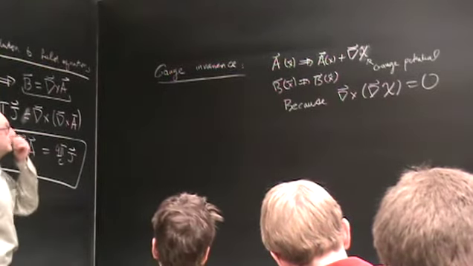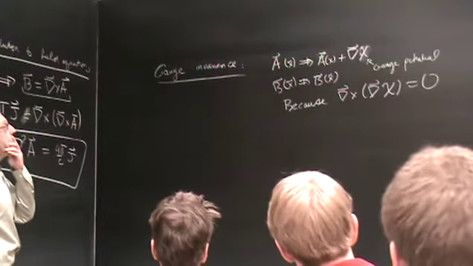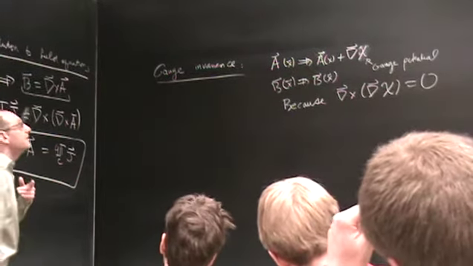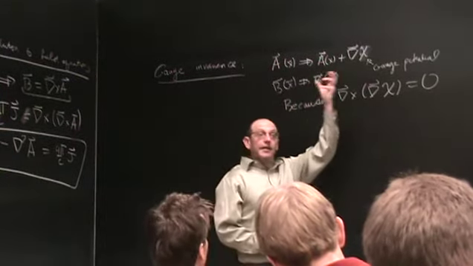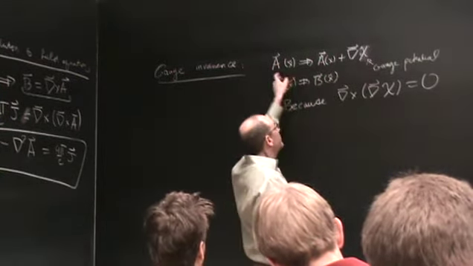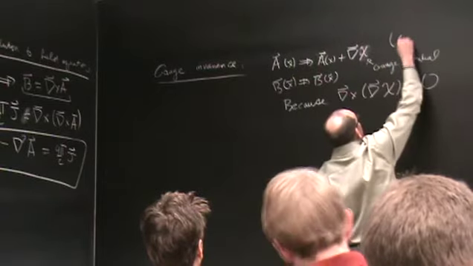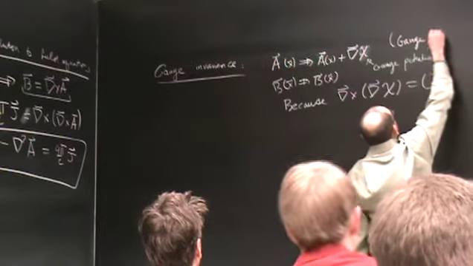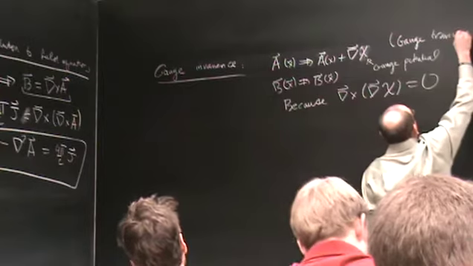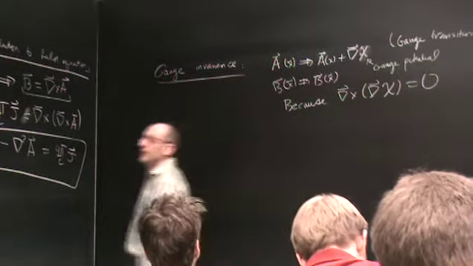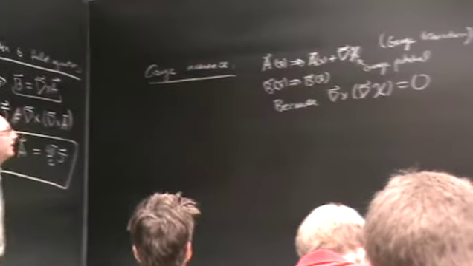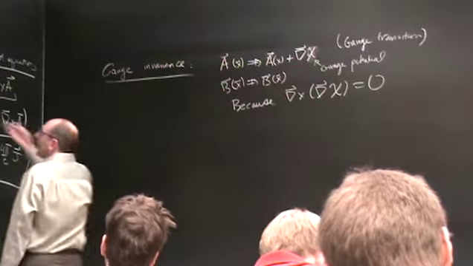So what that says is that we have a freedom, which is called the gauge. This transformation is known as a gauge transformation, and the fact that the forces are independent of that gauge transformation is to say that the equations are gauge invariant.